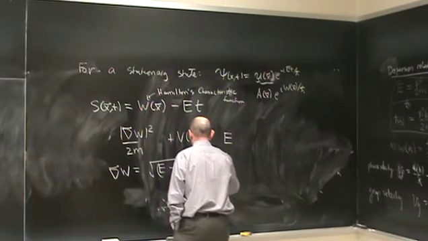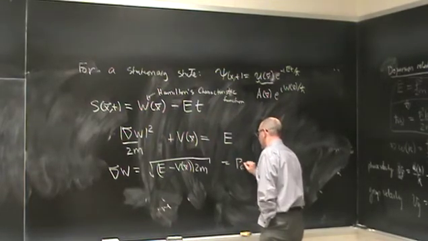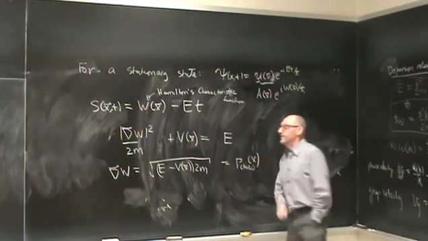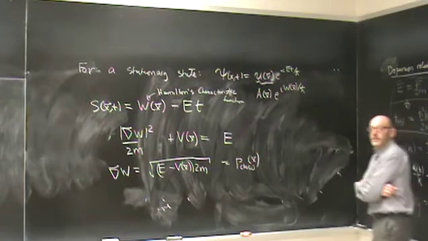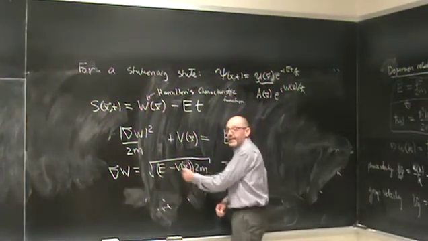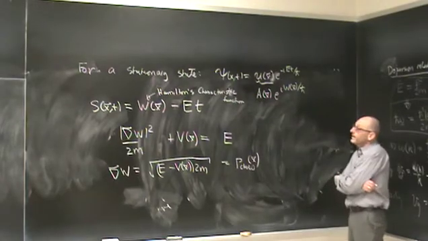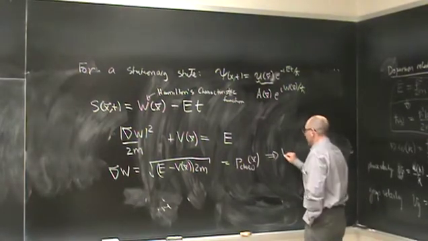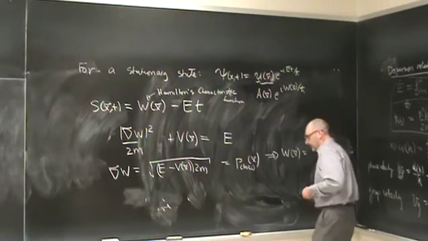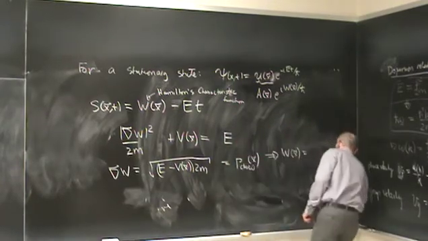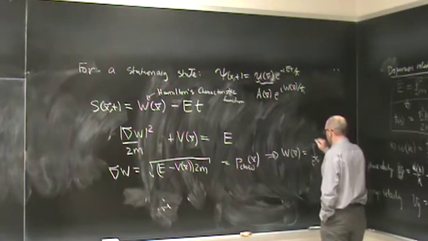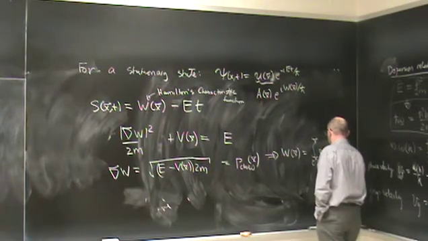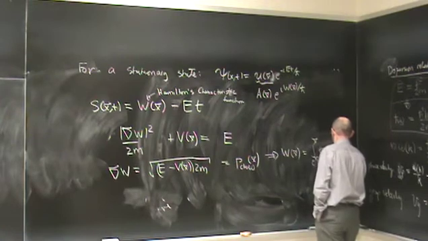That is to say, this is the classical momentum at that position. Right? Because you subtract the potential energy, you get the kinetic energy, this is the momentum. So integrating this, W of x is the integral over some path from some initial point to some final point of p classical of x prime dl.